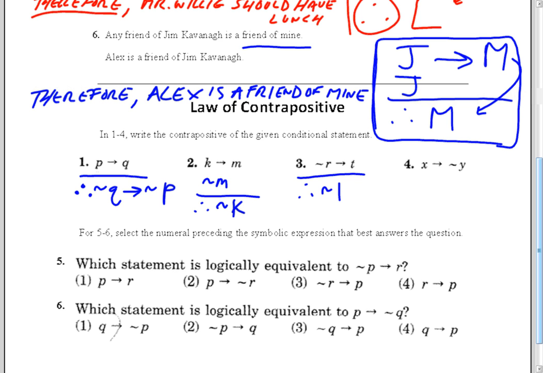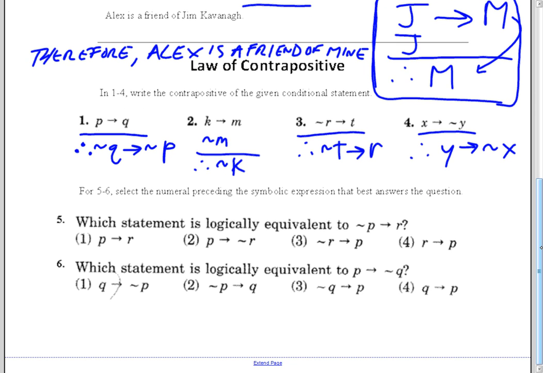This would be negation T implies R. This would be Y implies negation X. You can see it either way. Textbooks show it both ways. Which one will most likely come out? I don't know. Just be ready for both.